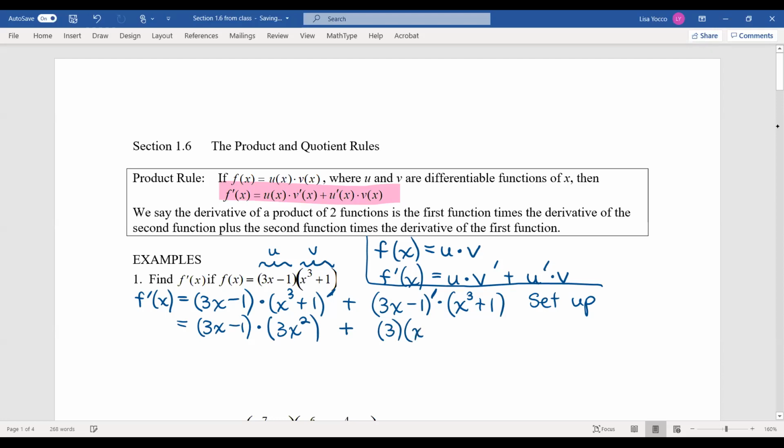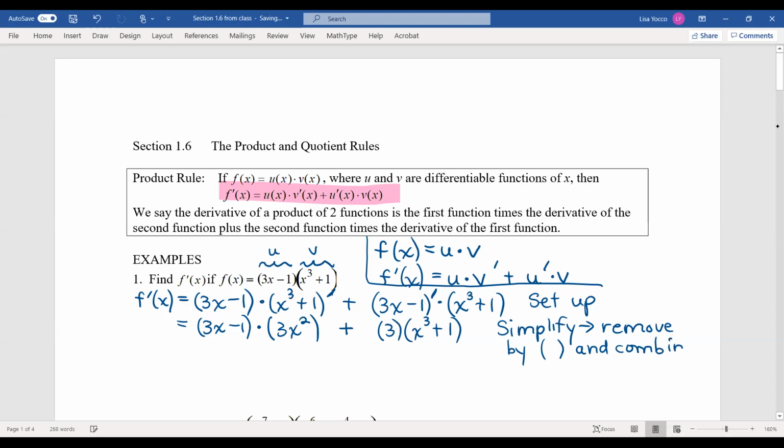And that's times x cubed plus 1. Okay, so the calculus part is over. Now we simplify. And we simplify by removing the parentheses and combining any like terms.